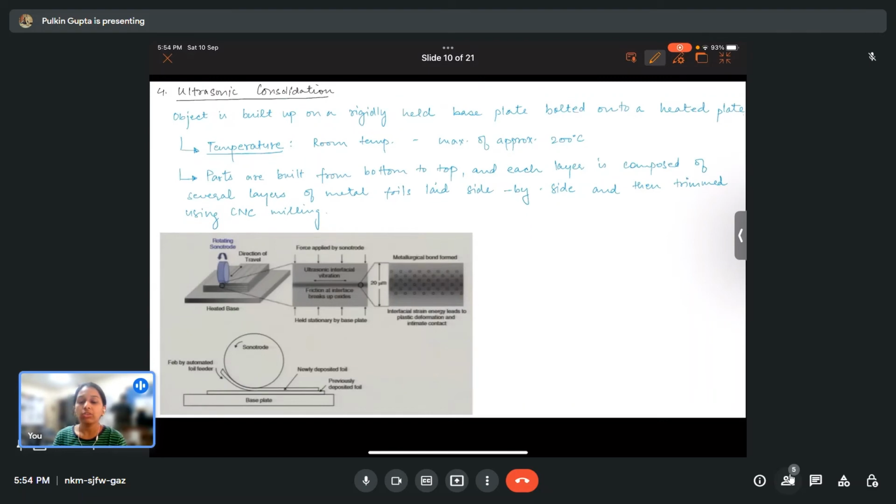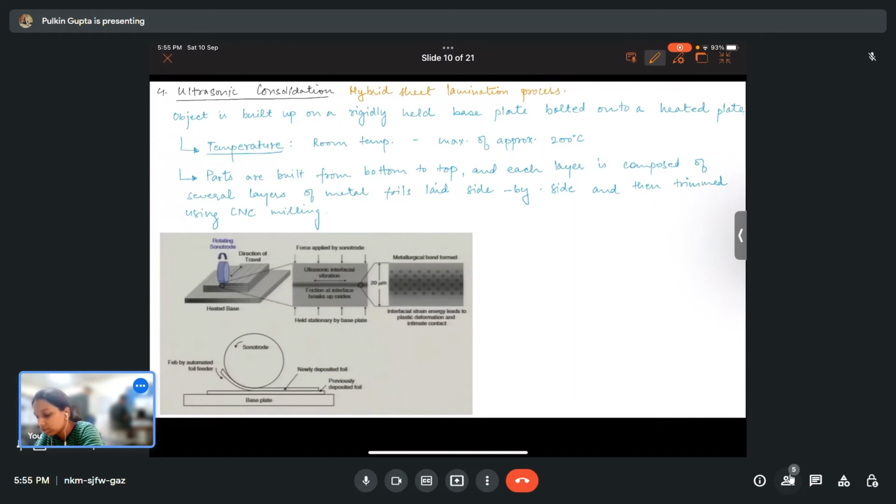Now the last one is ultrasonic consolidation. So it is a hybrid sheet lamination process that combines ultrasonic metal seam welding and CNC milling.